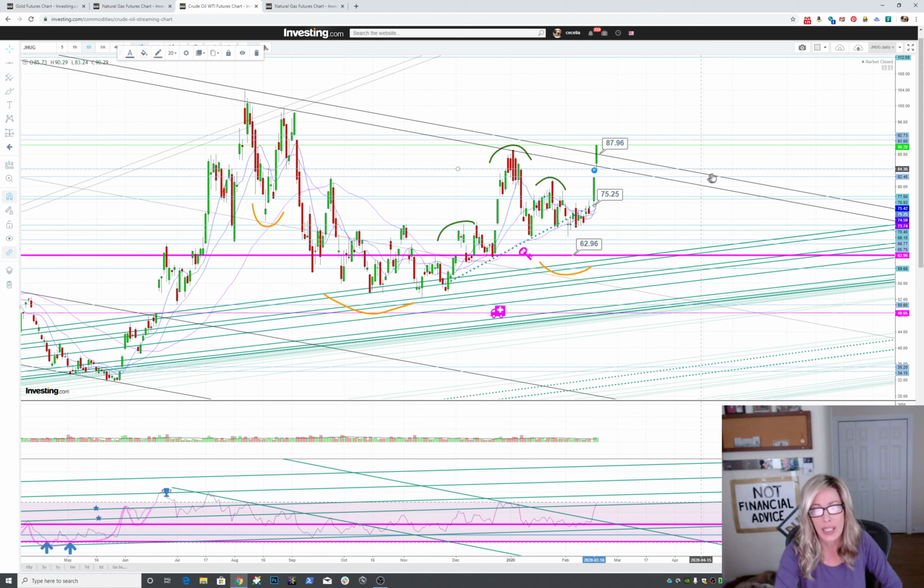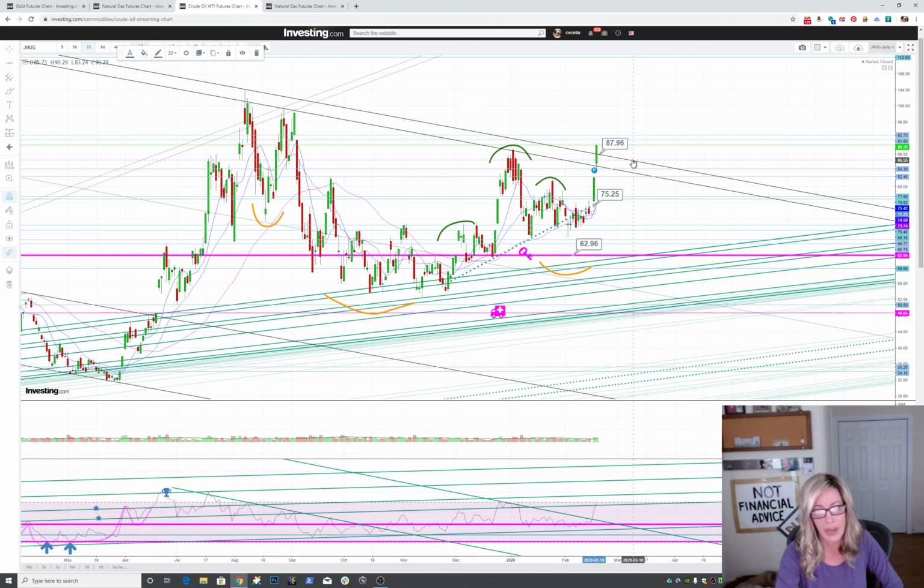And if it does come back and retest, I'm considering these black lines to be very similar to my magnet lines in my silver chart. Very important that they hold. A false breakout will be a very bad sign. Bad, bad, bad. Very bad.